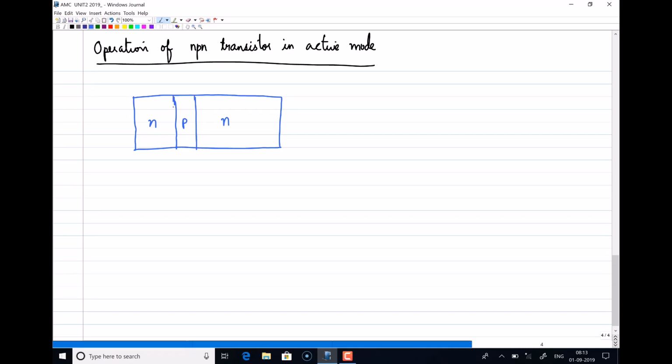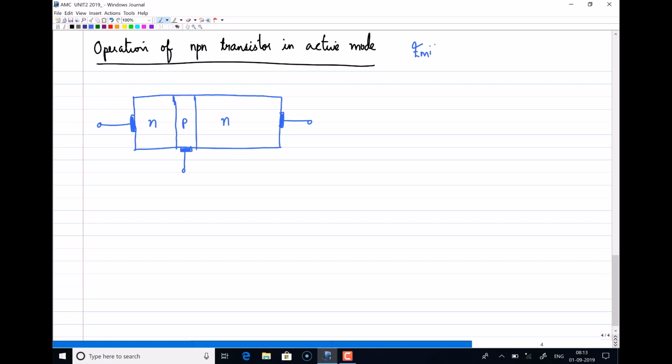So I think the reason for showing the P, or the base, as very short and the collector as very long is obvious. So these are the three terminals.